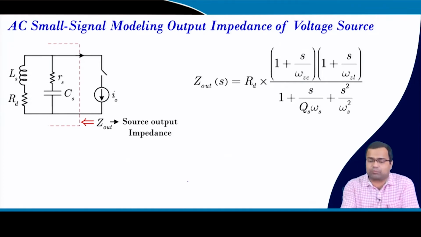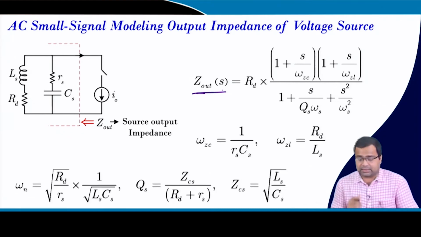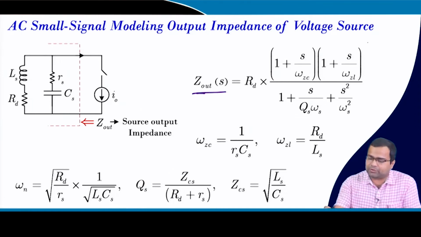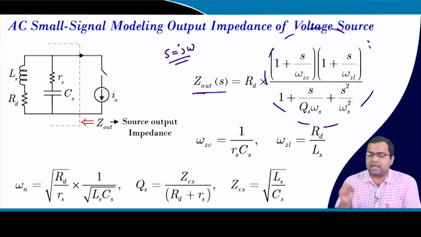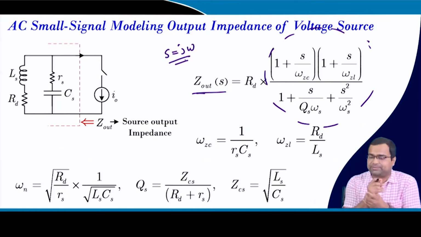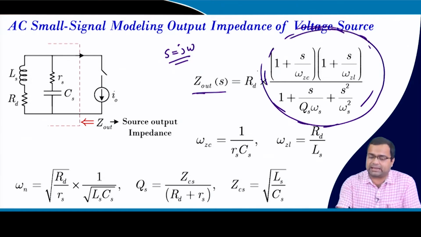Then we can write the output impedance of the source, and it can be shown that from this model the parameters are these. In fact, this is quite similar to the output impedance of a buck converter, only the values will be different. Now, if you consider this model and make s equal to j omega, that means the frequency response, and substitute omega tending to 0, that is the low-frequency behavior, all these terms will become unity and it will become RD.